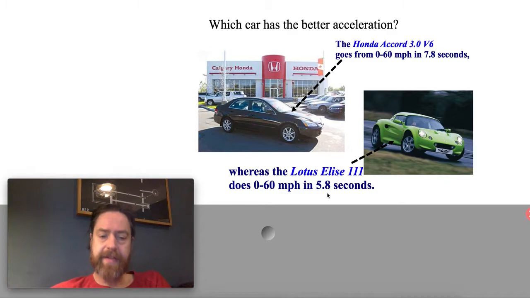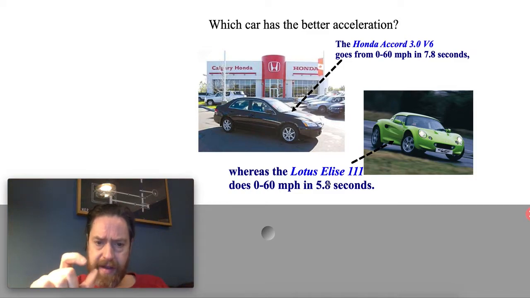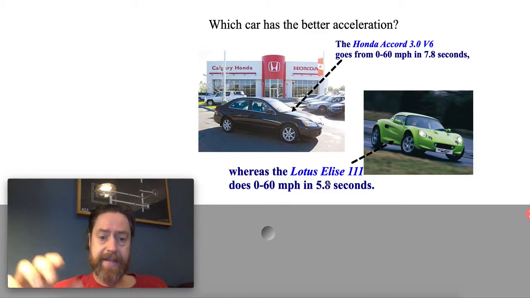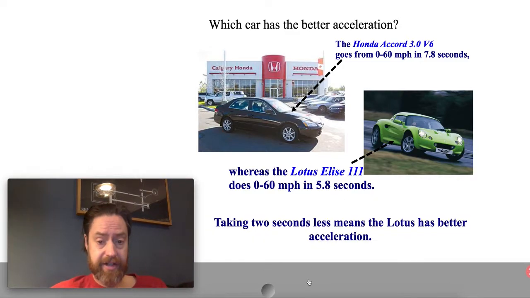So the thing to notice here is that this number, this speed, is not the important bit. Both cars can get to the same speed, but the Lotus gets there in less time. And the shorter the time is for the speed to change, or velocity to change, the greater the acceleration.